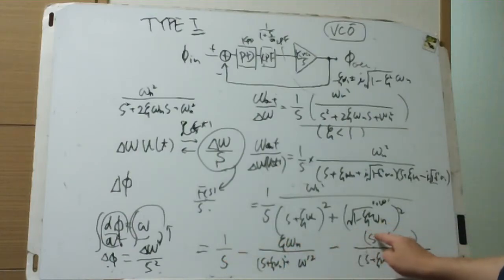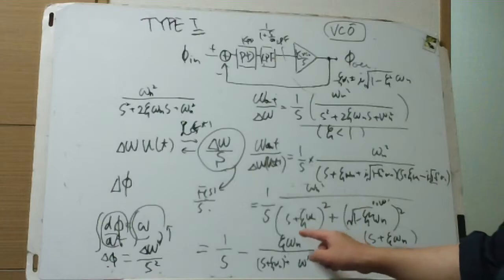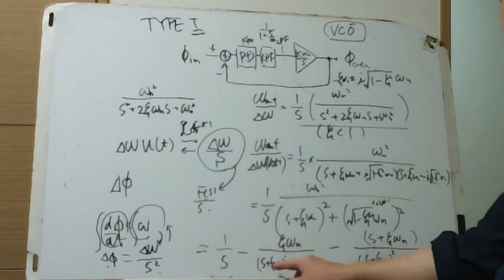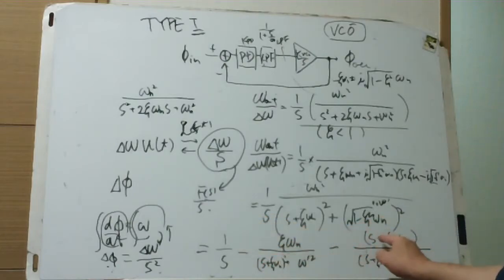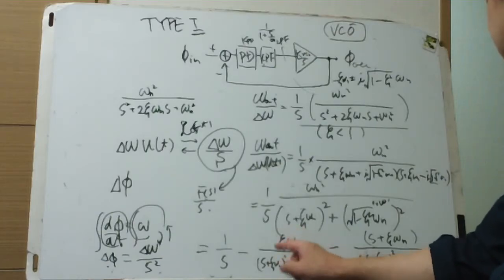This times this, S squared. This times this, zeta omega n squared S. And this times this, zeta omega n S. So minus 2 zeta omega n S cancelled out, plus 2 zeta omega n S, and S squared cancelled out from this. And there remains this squared, zeta omega n squared remained.